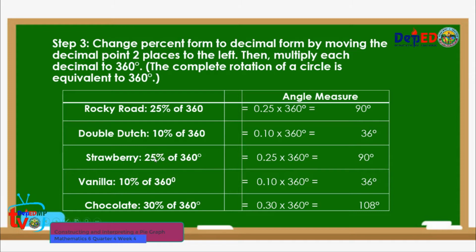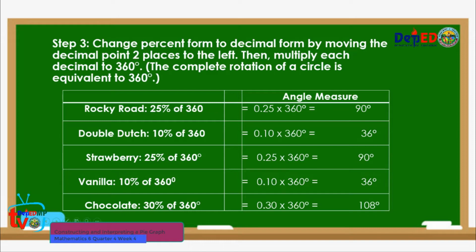Change this 25% to decimals, and it becomes 0.25. Then multiply it to 360 degrees, and that is equals to 90 degrees. Vanilla has 10% of 360 degrees. Change this 10% to decimals, and it becomes 0.10. Then multiply it to 360 degrees, and that is equals to 36 degrees.